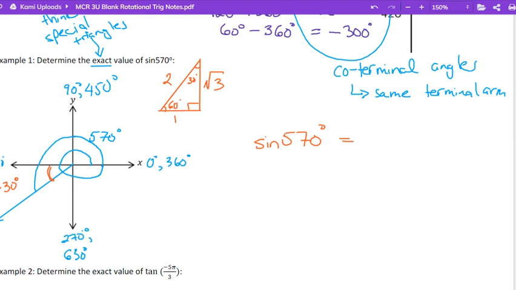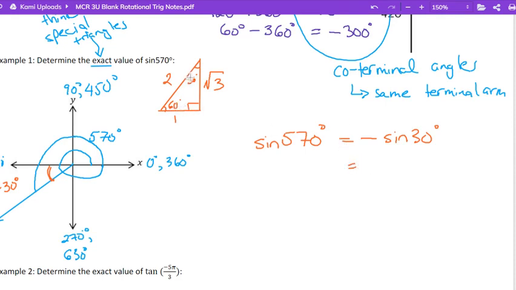Okay, so I know I'm going to have negative. Now I'm looking at the related acute angle of 30. So what is sine of 30? Right, so I'm basically saying sine of 570 is the negative value of sine 30, because all the ratios in the special triangles are positive.